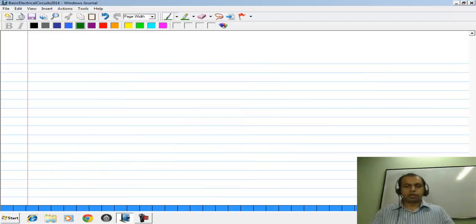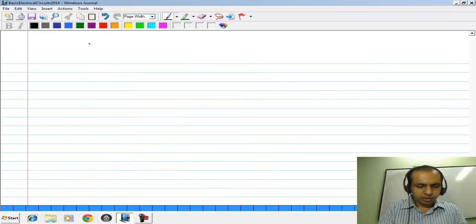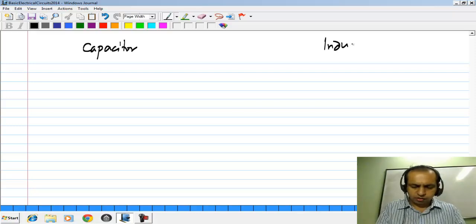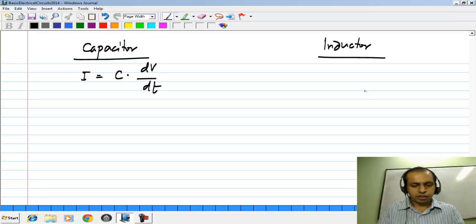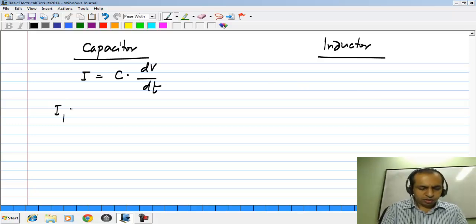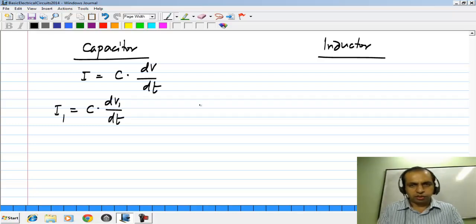Now let's quickly look at the other two elements, the inductor and the capacitor. So for the capacitor, I is C dV dt, and if you have a certain current I1 because of a particular voltage V1, which is varying with time in some way, and another current I2 because of another voltage waveform V2.